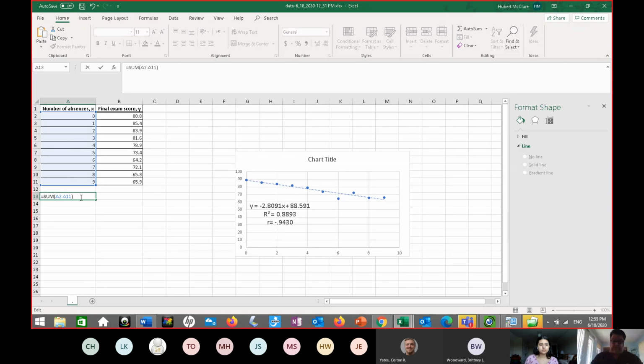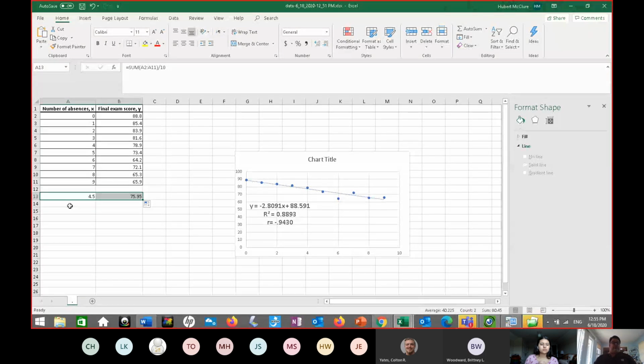Divided by 10. There's the average of the x's. And of course, what's beside the average of the x's? The average of the y's. There's the average of the y's.